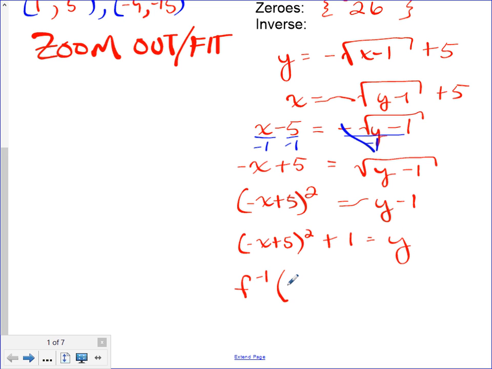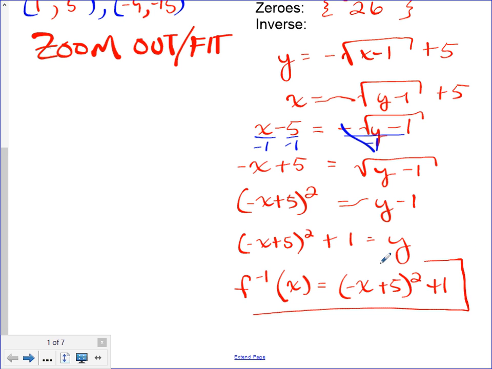F inverse of x. I'm going to keep challenging you to solve your equations more and more like this. Your pencil will last twice as long if you solve your equations like this, because you don't have to write down all those in between steps. So, in the end, I'm trying to save you money.